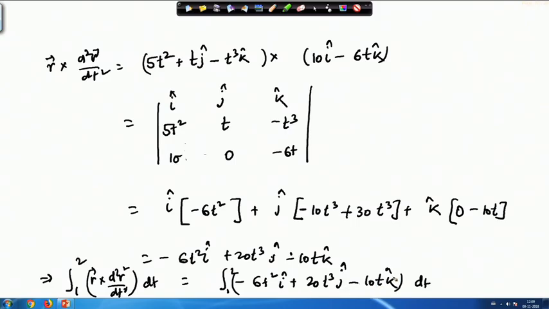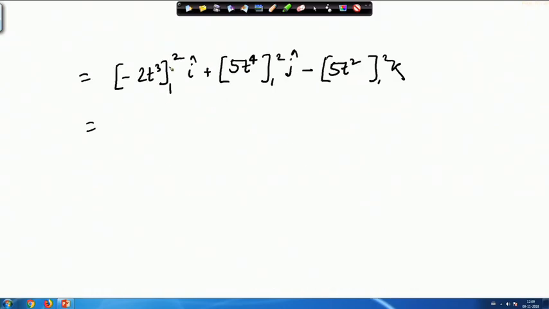Integrating individual components, and then substituting the values, we get 14i, then 75j, and minus 15k. So this is what we needed to prove.